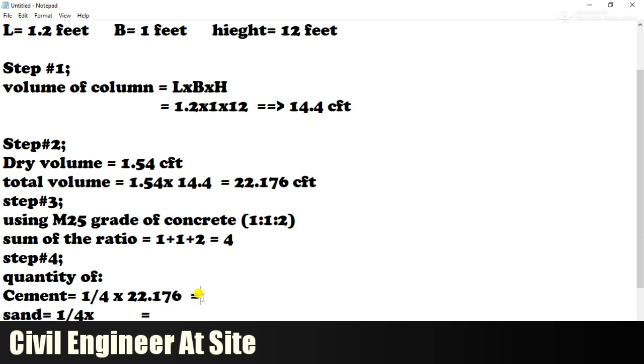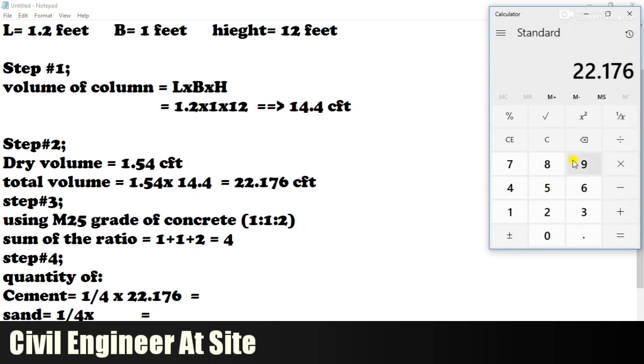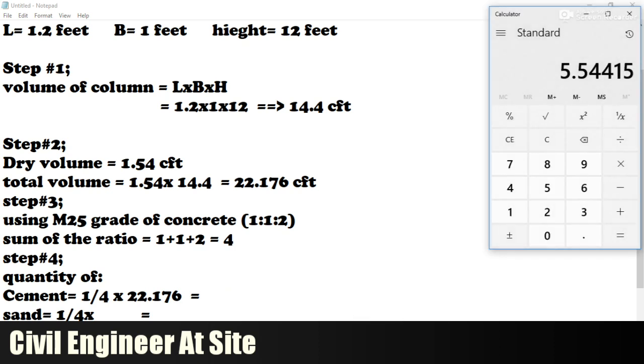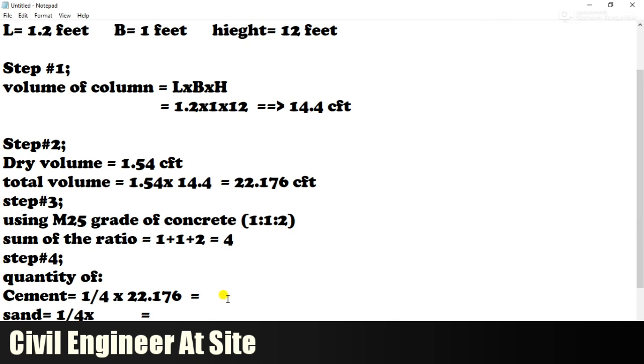For this we will use a calculator. First of all, we will clear it. 1 divided by 4 multiplied by 22.176 will be equal to 5.54 CFT, which is the quantity of cement for that column.